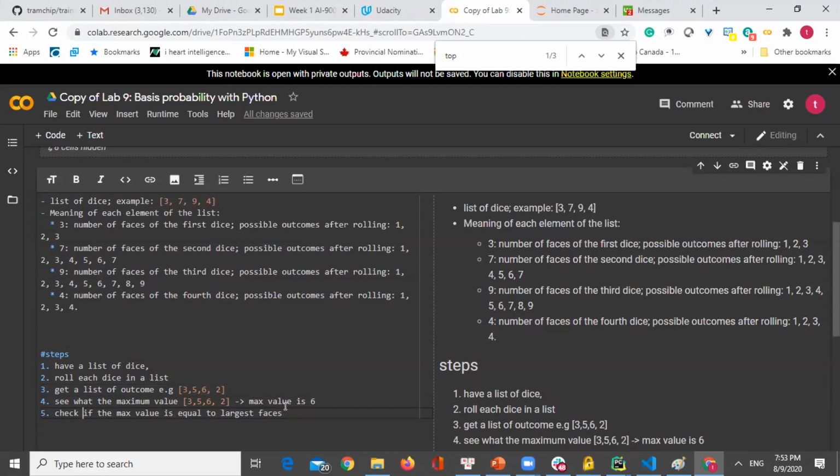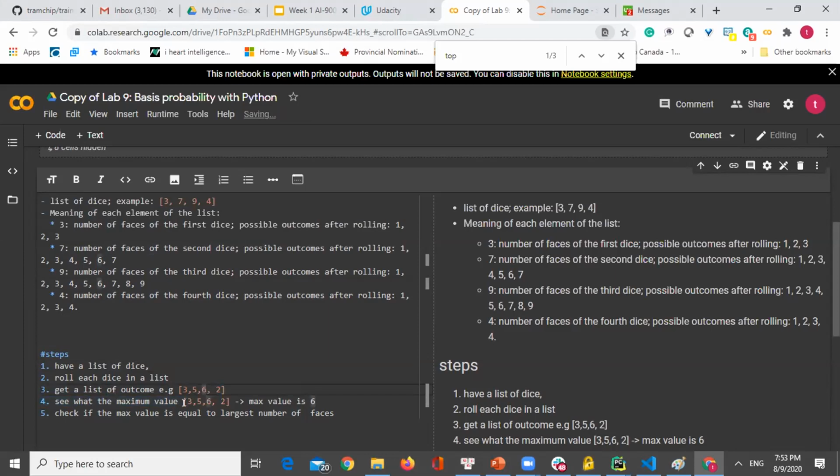So I'll compare step 4 with the list of step 1, right? Yeah, we got the list of dice. So after I got the list of dice, then I roll, then I get the list 3, 5, 6, 2.